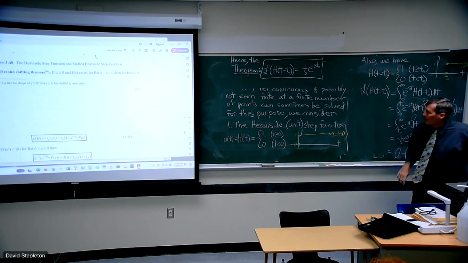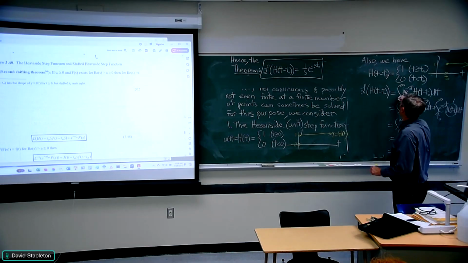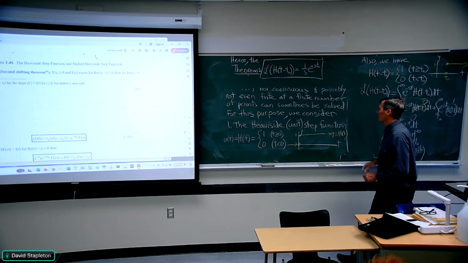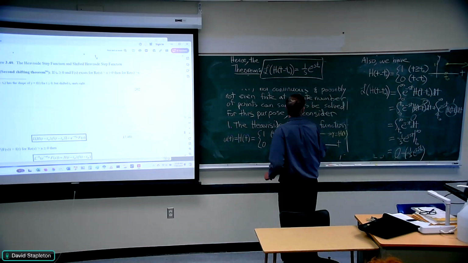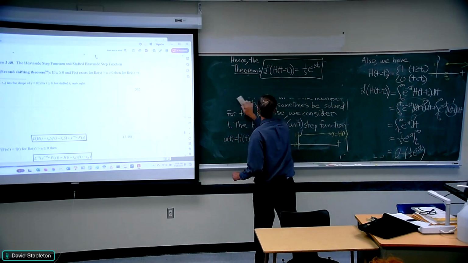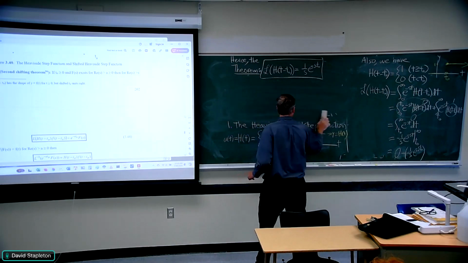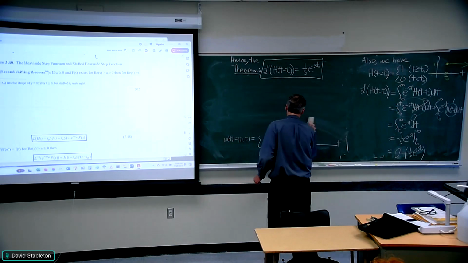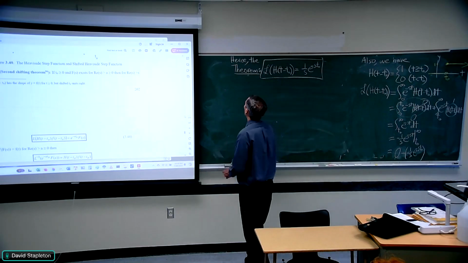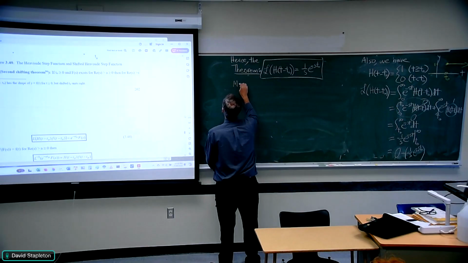More generally, I proved this for the Laplace transform of h of t minus t naught. But with a little more work, we can more generally show, and the proof is here, I'll just go through it on the board.